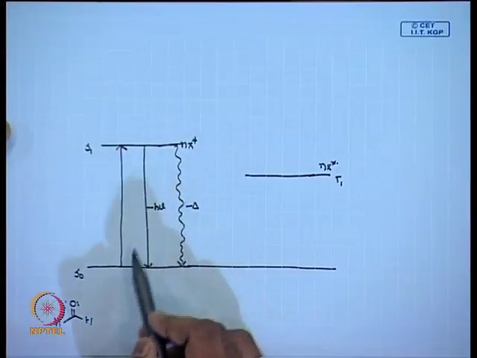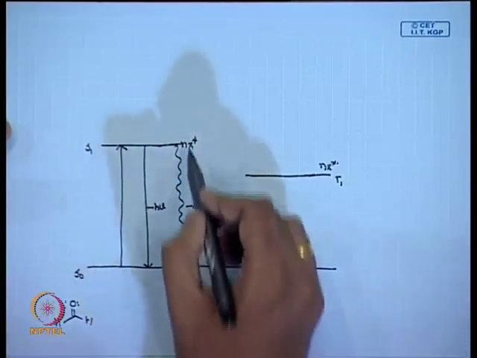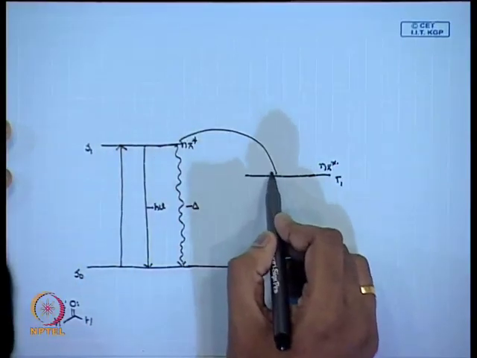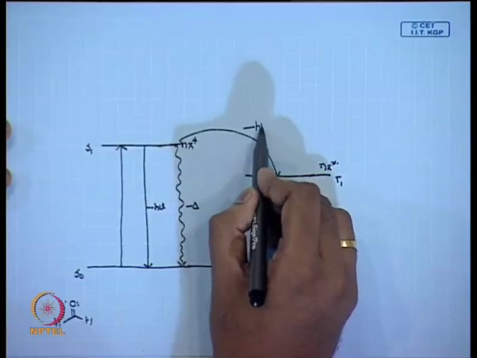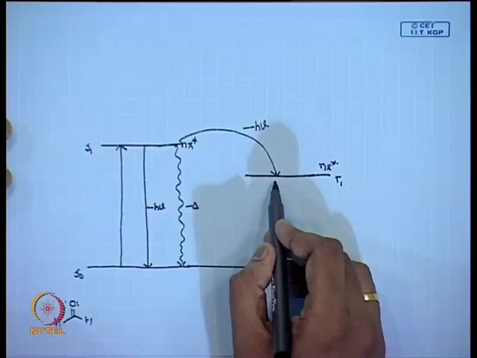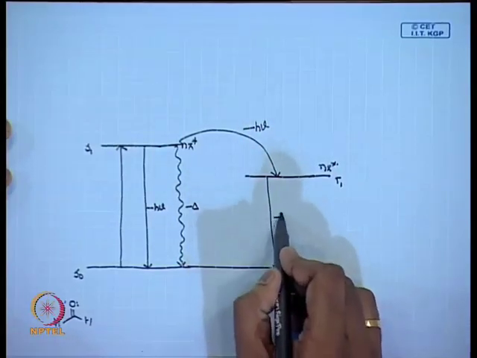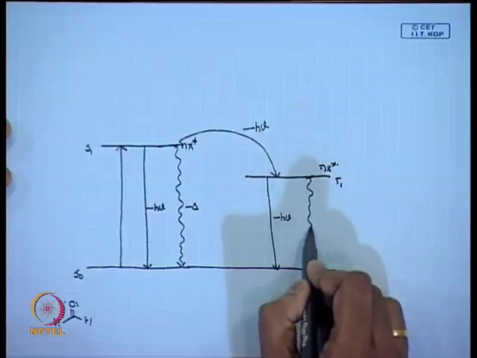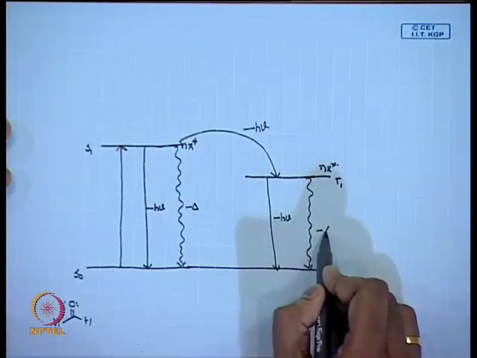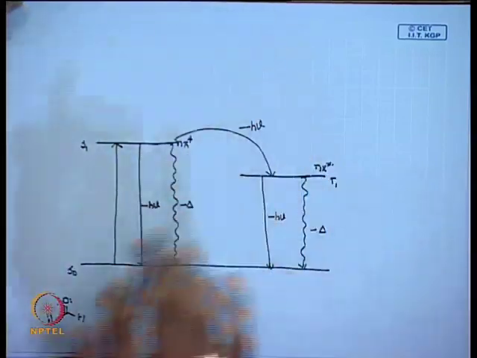If it does not want to come to S0, what can it do? It can go to T1. That process can go by giving out light. From T1 it can then come back to S0, the same way giving the light out, or it can do a non-radiative process. So, when it goes from R to R star, it has the option of doing this.